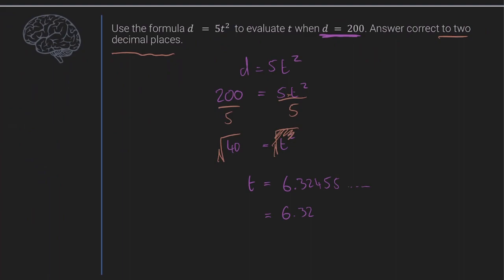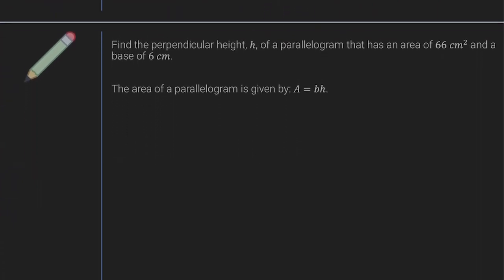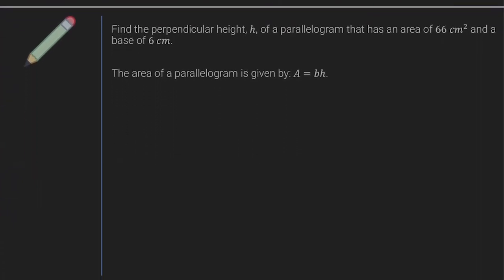We substituted in values, and that created an equation that we had to solve. Can I get you guys to do this one with me? We're given the formula for the area of a parallelogram, base times height. We're given what the area is, and we're given what the base is. And we need to find the height of the parallelogram.